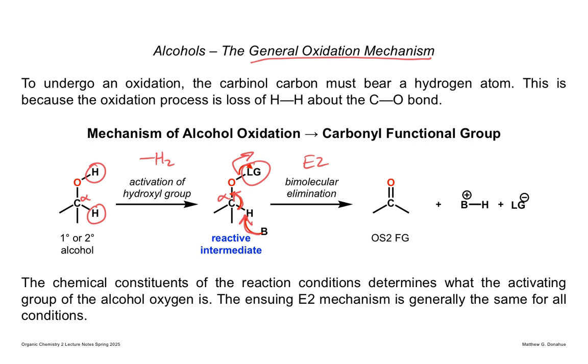Overall, it's formally the equivalent of losing H2 across that C-O bond, and you end up with your carbonyl. Then you have the conjugate acid of the base that you started with, B, and your leaving group. Those charges balance.